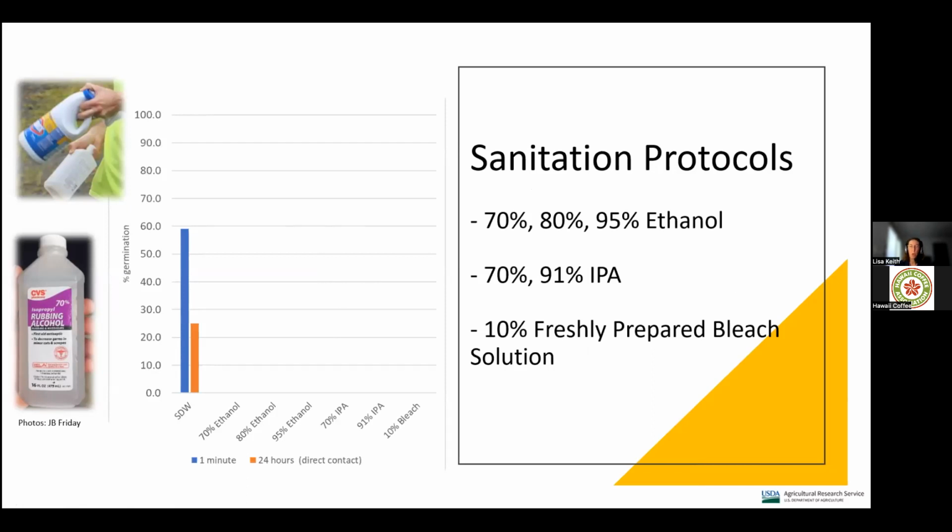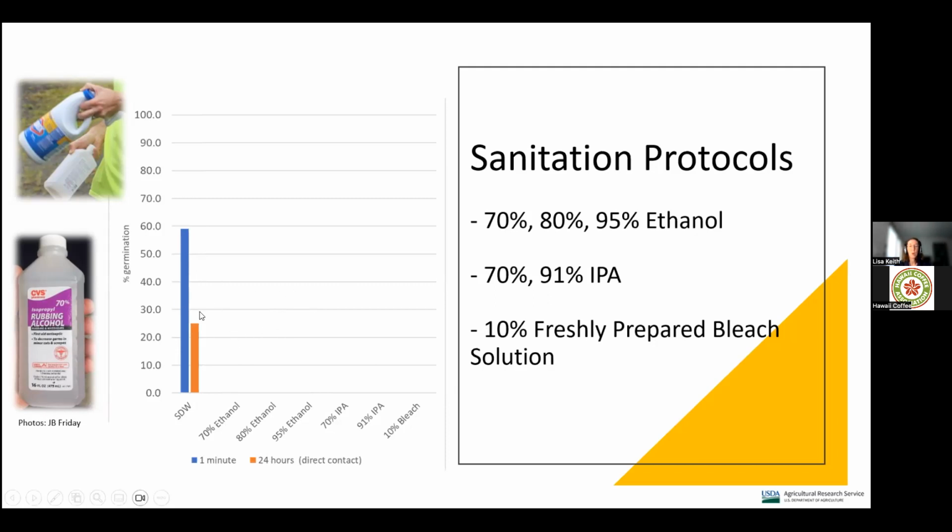And this is just to show you some of the initial data with the comparison of sterile distilled water and then the ethanols and the IPA and the bleach, when it came to shoes and tools and anything else moving through the fields, what you could use. And the time, within a minute, all of these products were very effective at stopping germination of these spores.